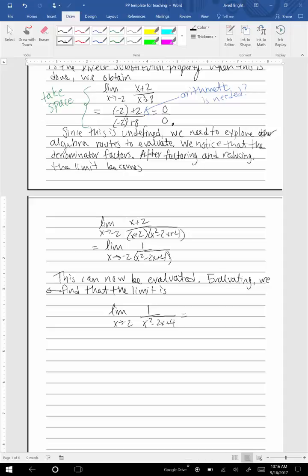So I'd get 4 minus 4 plus 4, so I get 1 over 4. And make sure to include that period. Okay, because it is the end of a math sentence.